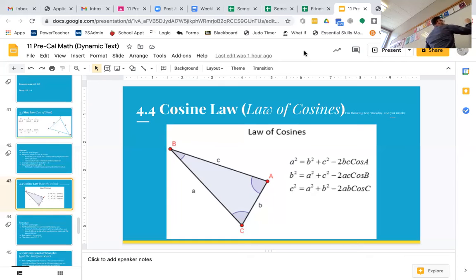AC cosine of what? B. You will get all the formulas, but I always want you to think for yourself here, because you don't need all three of them. And then the last one, I'm not writing it neatly because you can figure it out probably. Okay, I'll write it a little bit neatly.